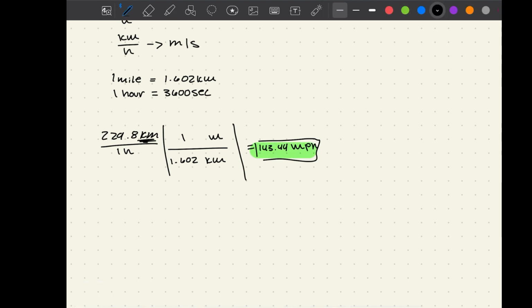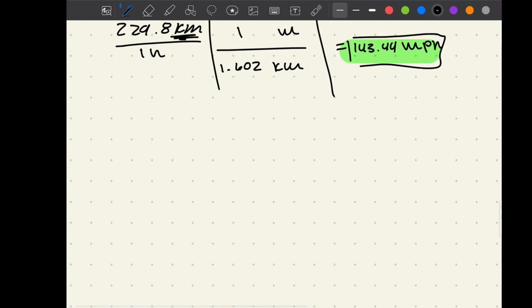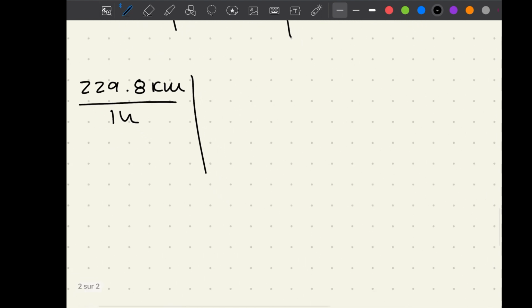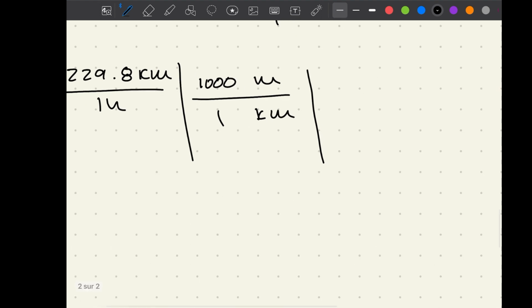Now to convert to meters per second, we have 229.8 kilometers per 1 hour. We want to convert to meters, so we'll put meters at the top and we'll put kilometers at the bottom. So we know that 1 kilometer equals 1,000 meters, and we know that 1 hour equals 3,600 seconds.